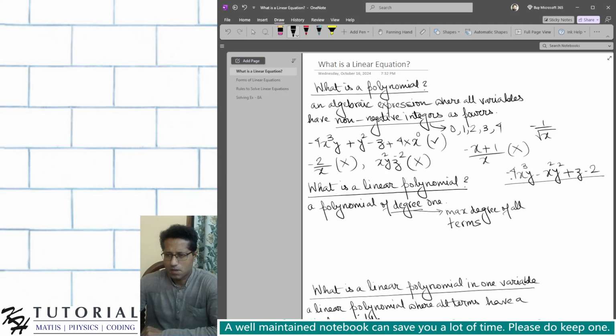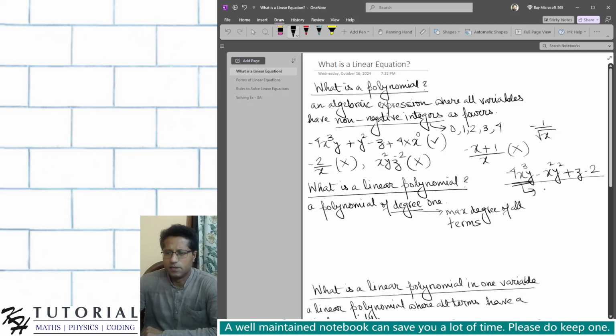Now, first you have to understand what is meant by the degree of a term. What is the degree of the term minus 4 x cube y?